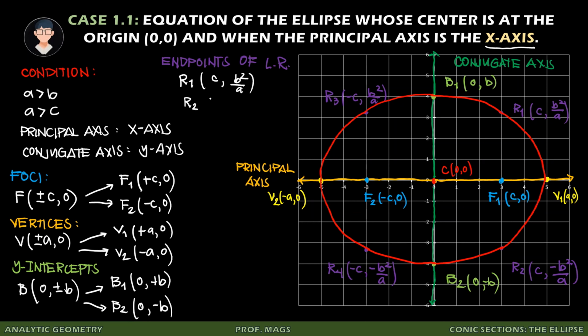R sub 2 is positive c, negative b squared over a. R sub 3, negative c, b squared over a. And R sub 4, negative c, negative b squared over a. So these are the endpoints of our latus rectum.